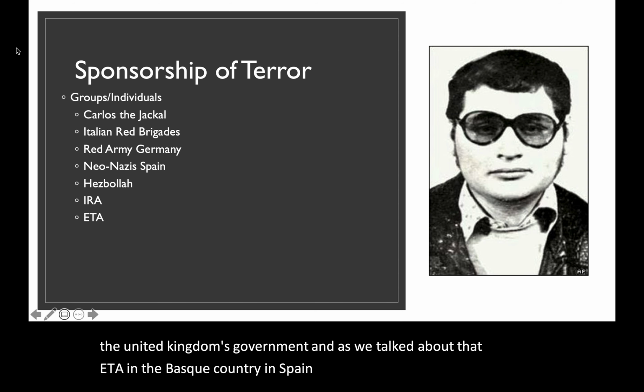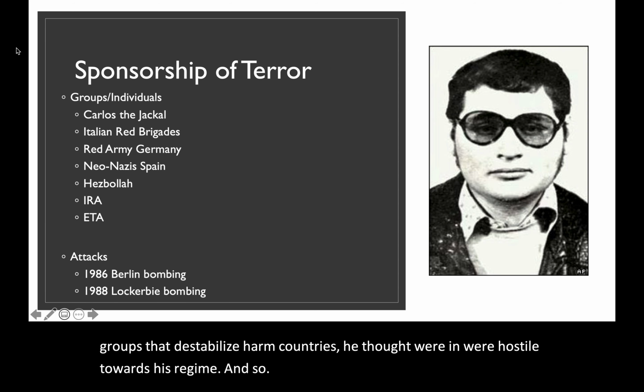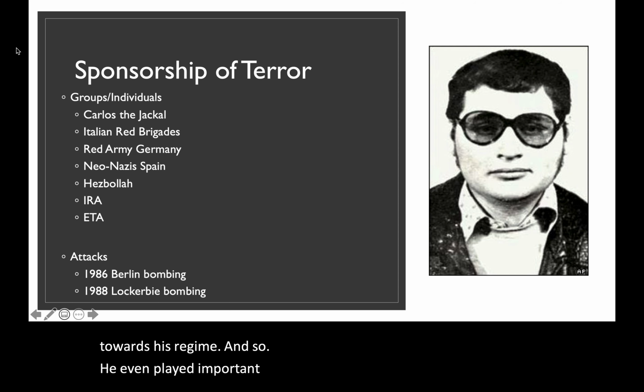So all these were groups funded to destabilize and harm countries he thought were hostile towards his regime.